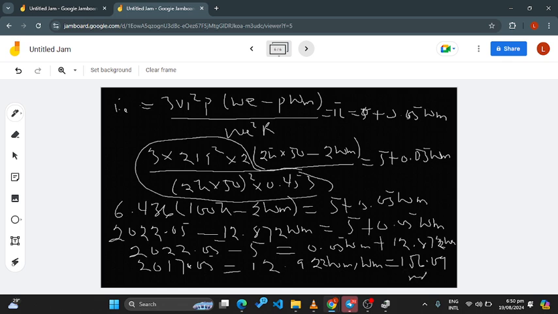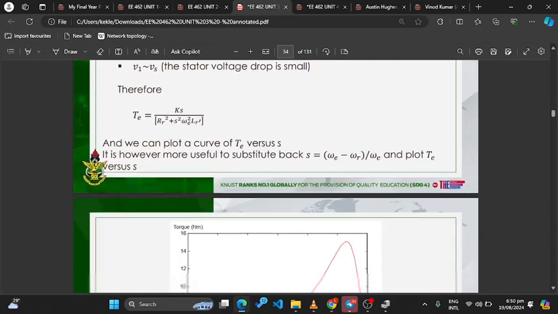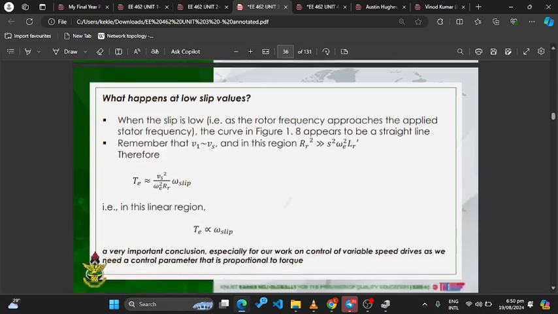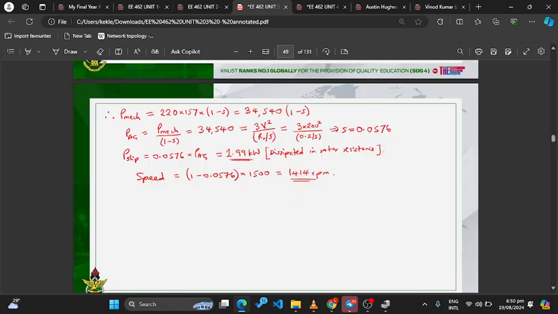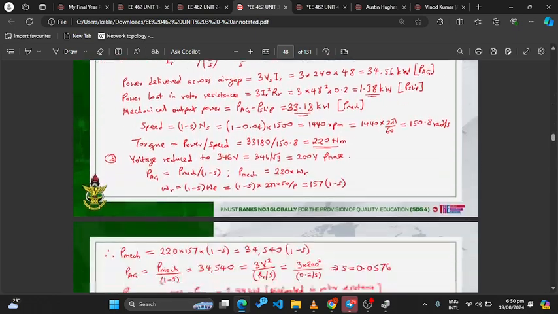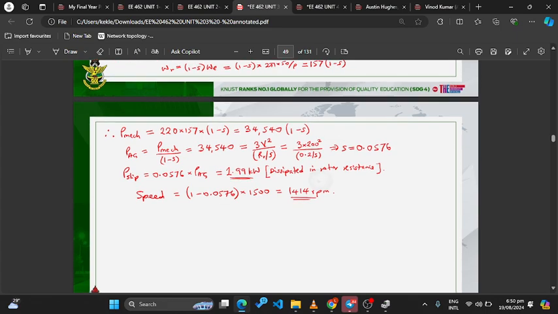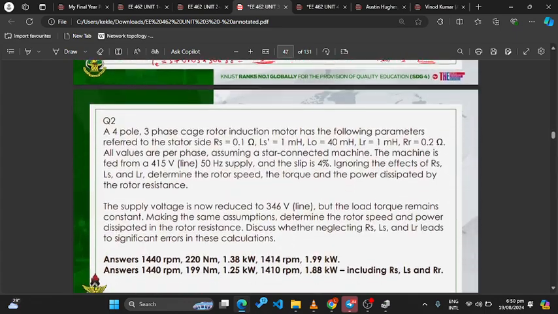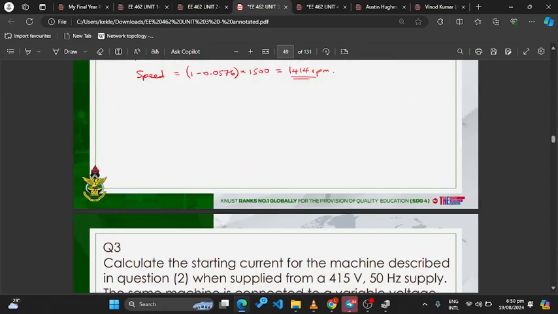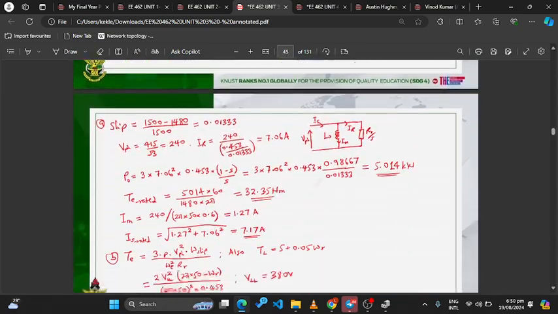Let's go to the solutions we have here and let's see. Which question is this? Is this the question we are looking for?